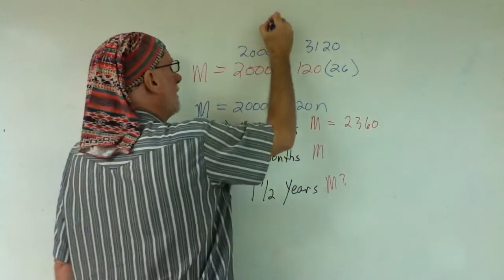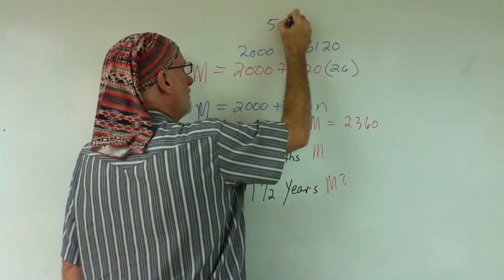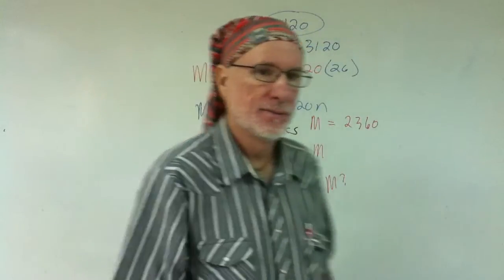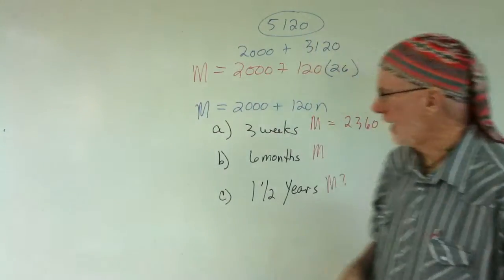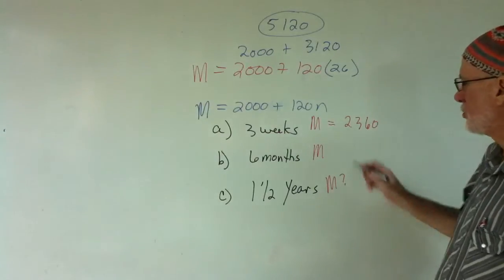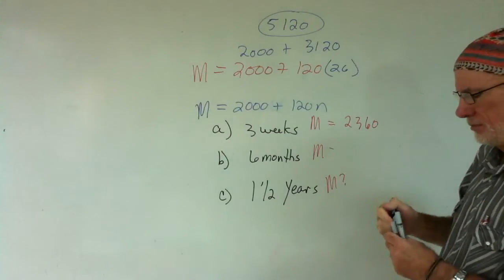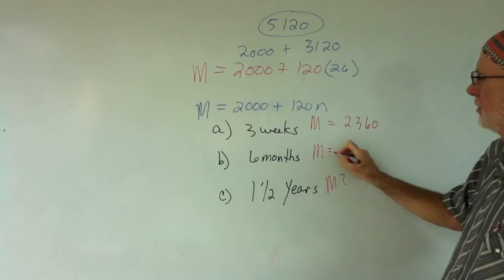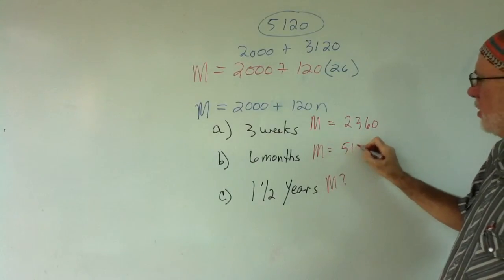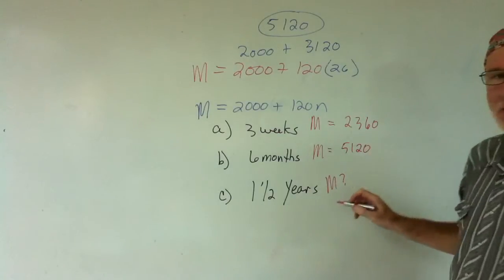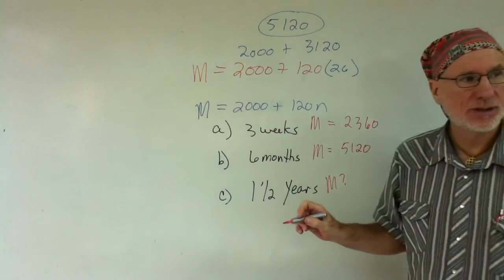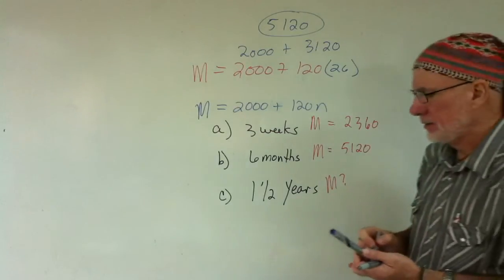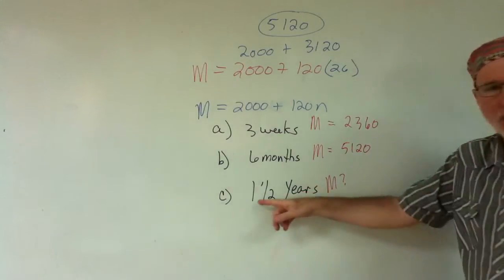So it would be 5,120. Correct? Yes or no? So this would be 5,120, right? Now, the next one is easy, 1.5 years.